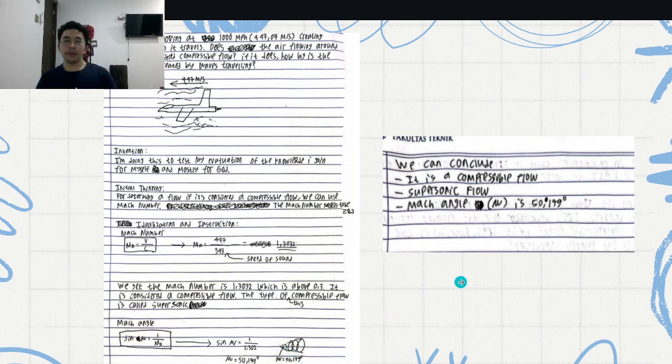So we can conclude it is a compressible flow, and it is a supersonic flow with a Mach angle of 50.179 degrees.